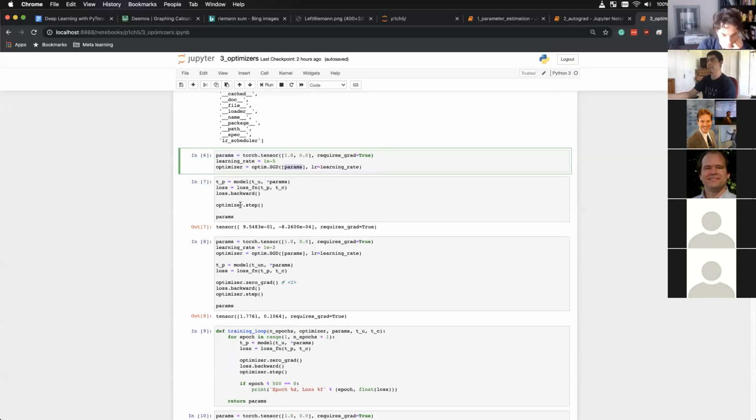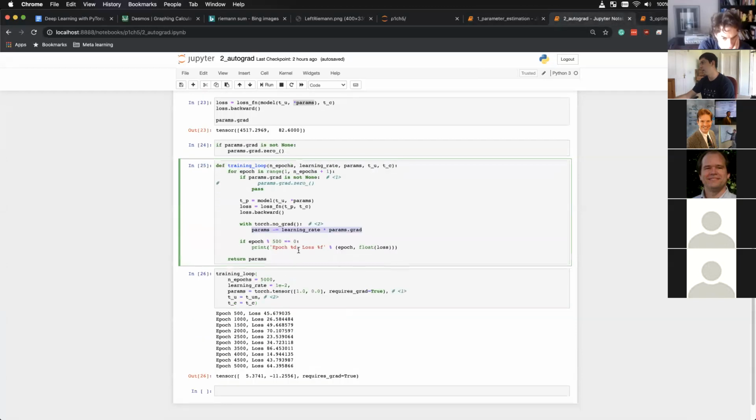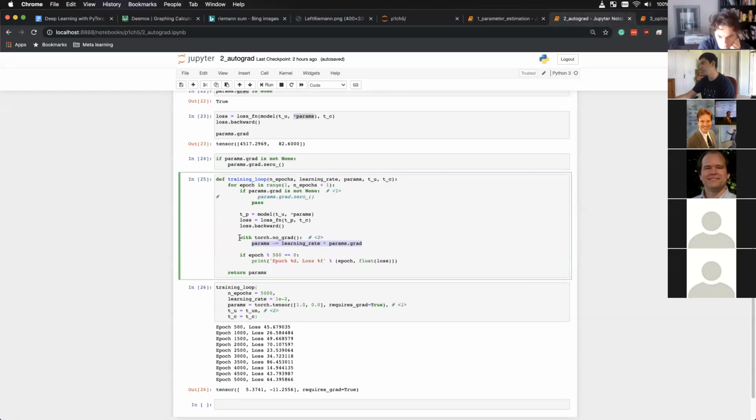This is just an additional simplification on top of what we were doing before, where we define our loss function, define our model, do a backward pass on some predictions, and then do a step with the optimizer. This is really basically replacing this step.